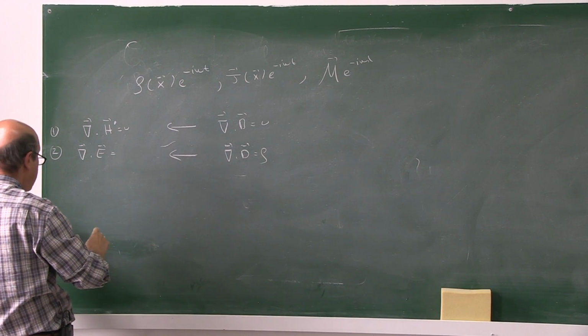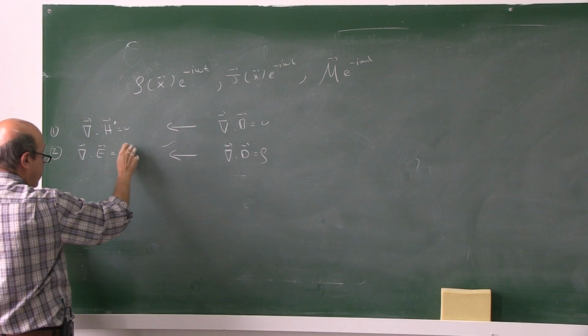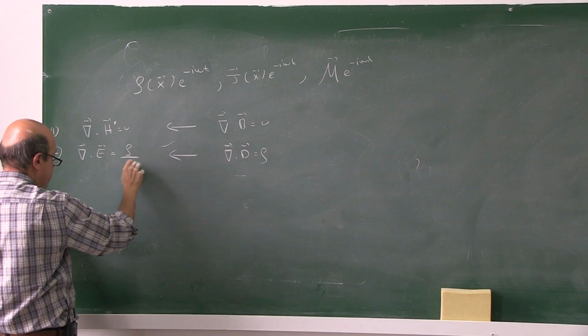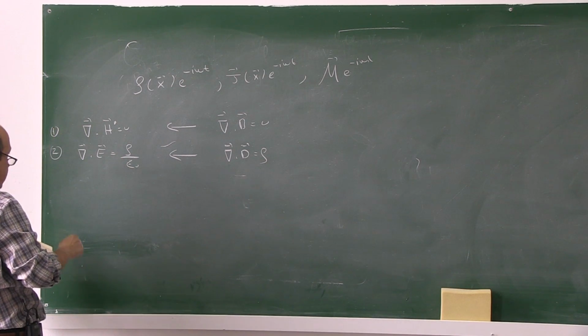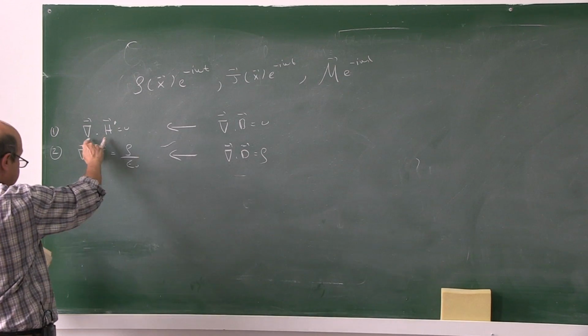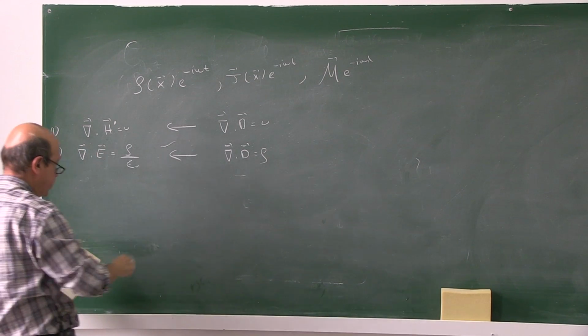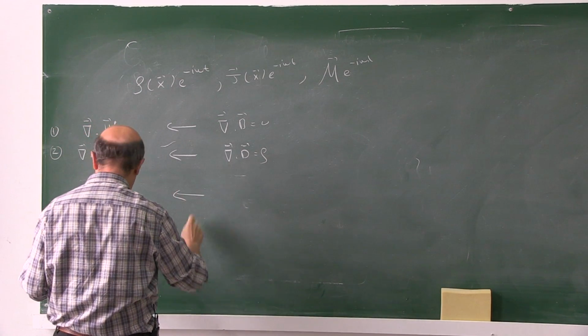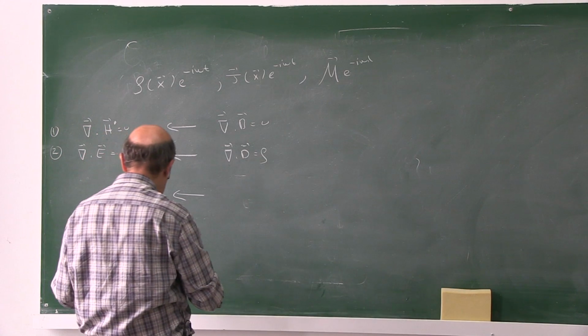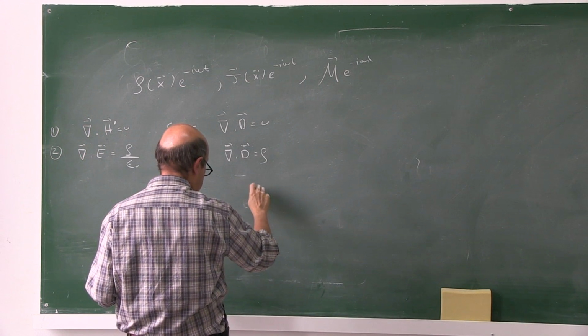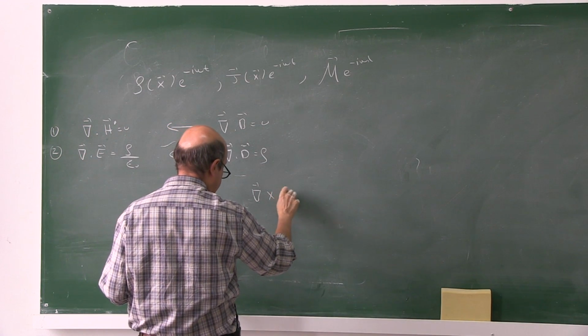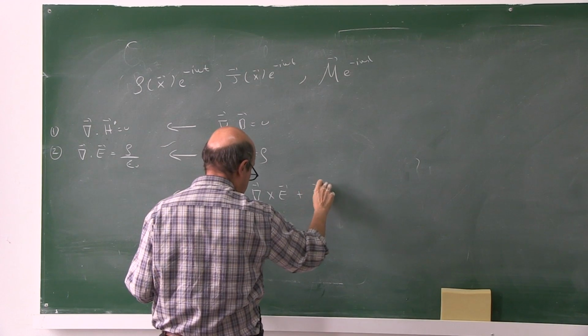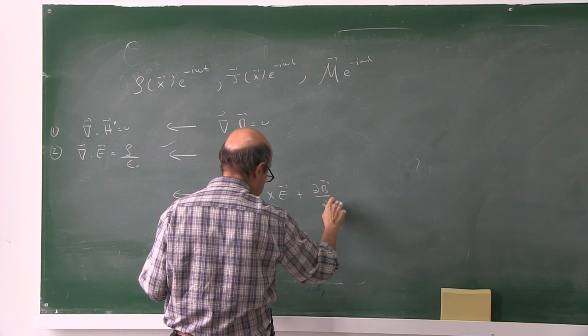I will show why I am doing this, as rho over epsilon 0. This is the second set of Maxwell's equations. This is a scalar equation, and this is a scalar equation. And the other one, Faraday's law, curl of E plus del B over del t is equal to 0.